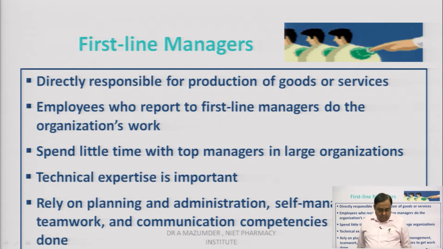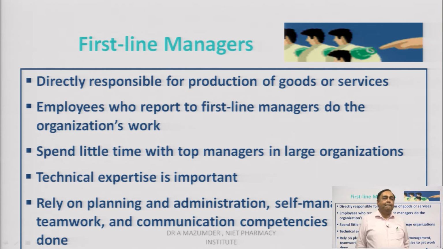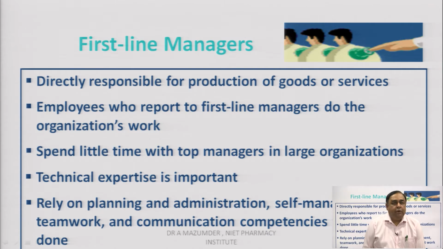Let us segregate the functions as per the manager's level in an organization. So, let us see the first line managers or the lower level management. The first line managers are directly responsible for the production of goods or services.